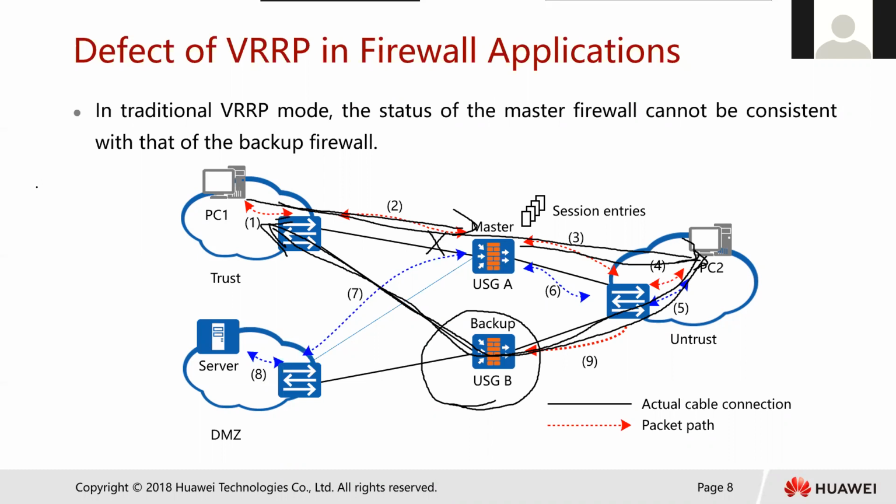So the main difference is between the router and the firewall. Why in the router is it enough to implement only VRP, but in the firewall we can't only implement VRP?